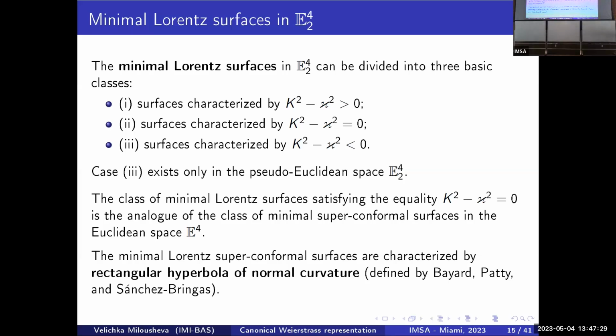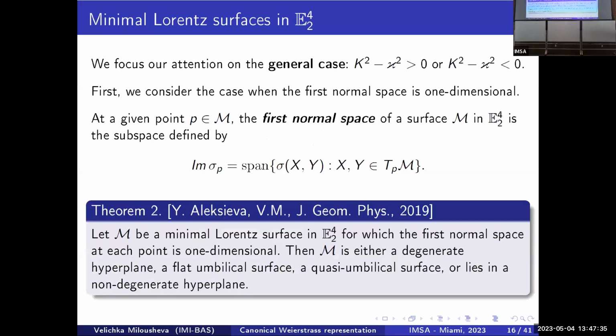And the minimal Lorentz superconformal surfaces are characterized by a rectangular hyperbola. And so we focus our attention on the general case. The general case we have locally, of course, because we study the local theory: in some subdomain, k squared minus kappa squared is greater than 0 or less than 0 in the whole subdomain.